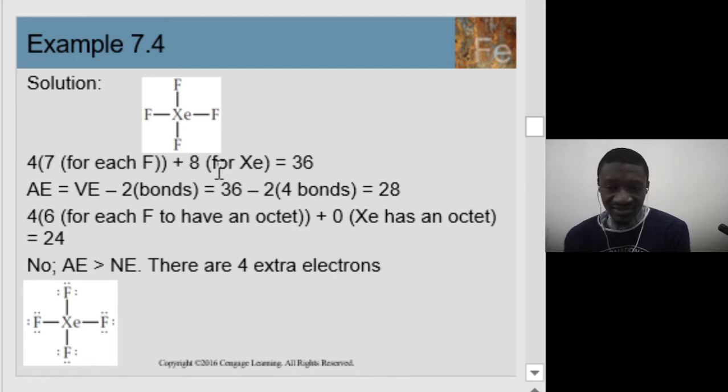So you have situations like that, and in those situations you'll have an expanded octet. If you do your maths, you discover that you have 36, and when you find your available electrons, you see 28, and then you're trying to work out the needed, you see 24, and then you discover there's a difference between the 28 and 24, which is 4 extra electrons.